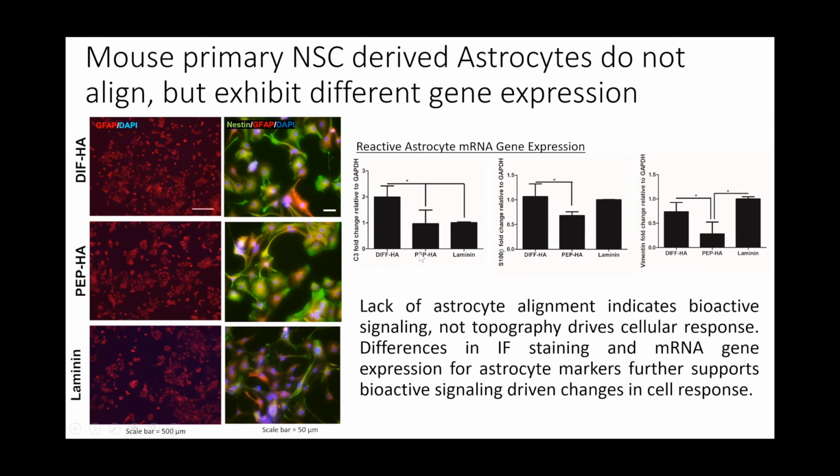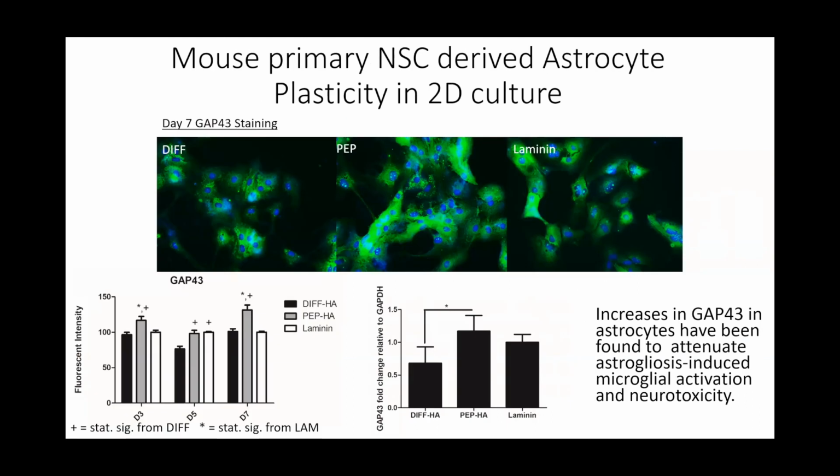So we see a decrease in C3, S100B, and vimentin, and the vimentin is even reduced relative to standard collagen insertion. This has significant implications for essentially astrogenesis. So moving forward, we wanted to look at this plasticity that we're seeing in terms of a more specific marker for it in the astrocytes, and why all the cells are expressing GAP43.